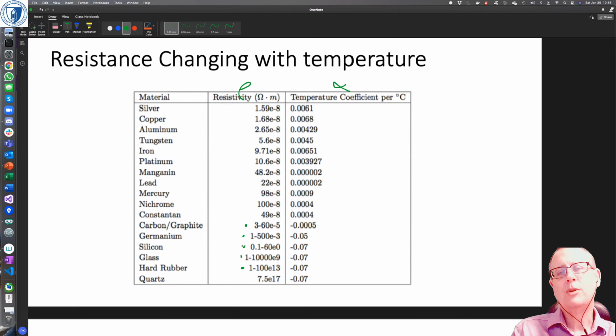For hard rubber, you could use 1 by 10 to the 13th, or 1 by 10 to the 15th, or 100 by 10 to the 13th, right? Provided you say rho equals 1 by 10 to the 13th in your working, that is okay with me. Another way is to use the middle of the range. For hard rubber again, maybe the value you use is 50 by 10 to the 13.